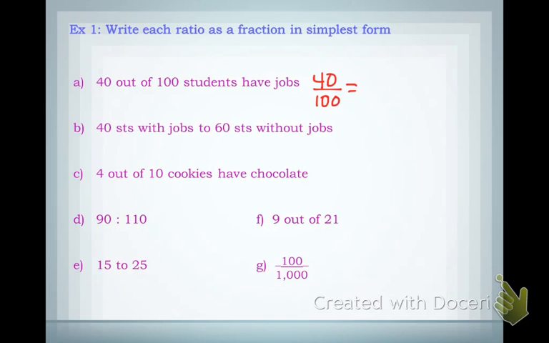Well, I know 10 goes into both, so I'm going to divide by 10. So it would be 4 over 10. And then I know 2 can go into both. So it's 2/5.